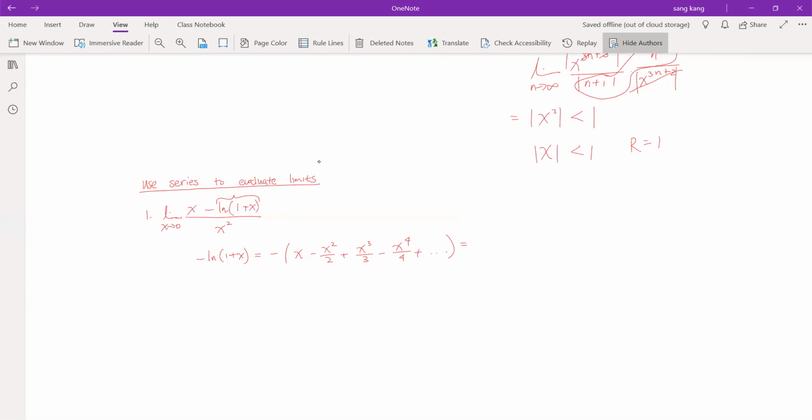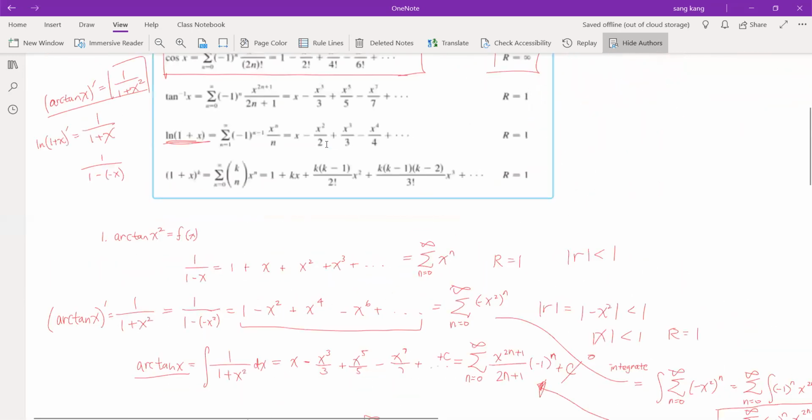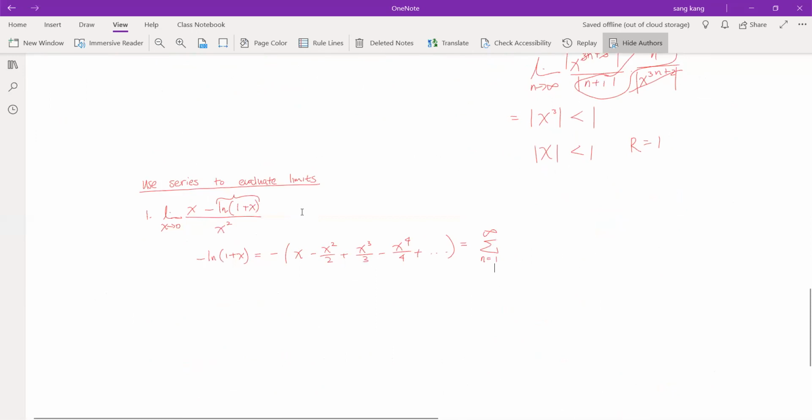And this equals the sum, n equals 1 to infinity of x. This is alternating, so negative 1 to the n minus 1, x to the n over n.